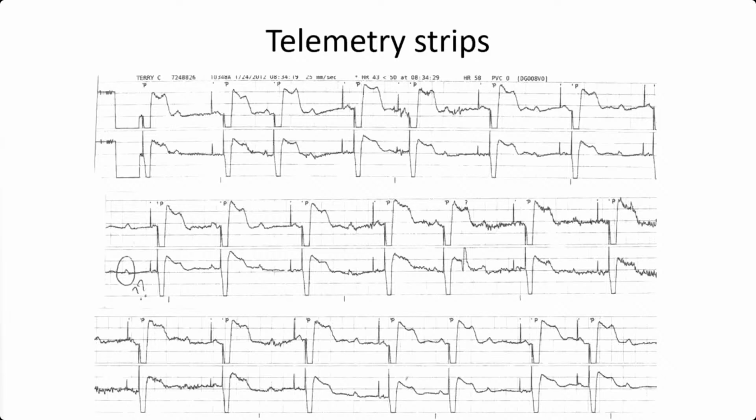Okay, somebody come up and take a stab at it or do it from there. What do you see? What do you think is going on? What does that table think? So it seems like starting at the top of the strip, the first P wave is not sensed. Right after the first paced ventricular beat.